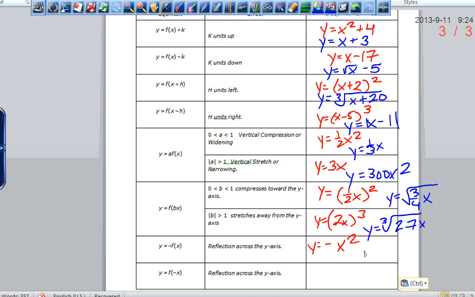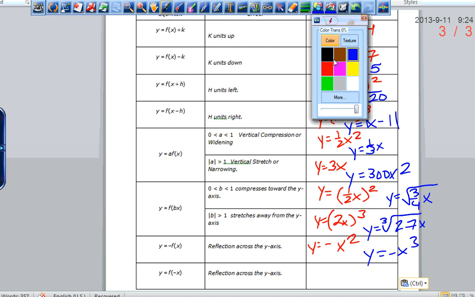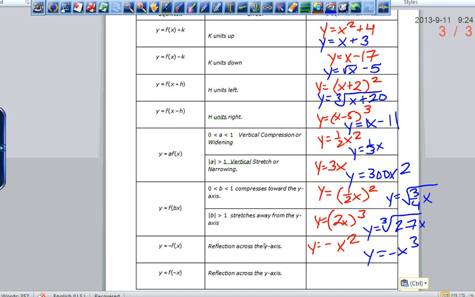No number. Y equals, I'm going to stick with the exponent theme here, going cube. You can put a number in front if you want, but here we're just talking about reflecting across the y-axis. Oh, sorry, that should be x.